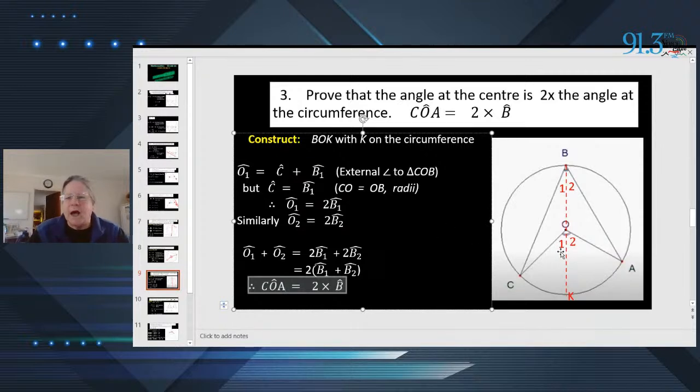Now we start off by saying O1, because, just let's go back. OB and OC are radii. We have our famous isosceles triangle again. So angle B1 is equal to angle C. So we will say O1 is equal to C1 plus B1 because O1 is an external angle to triangle COB.